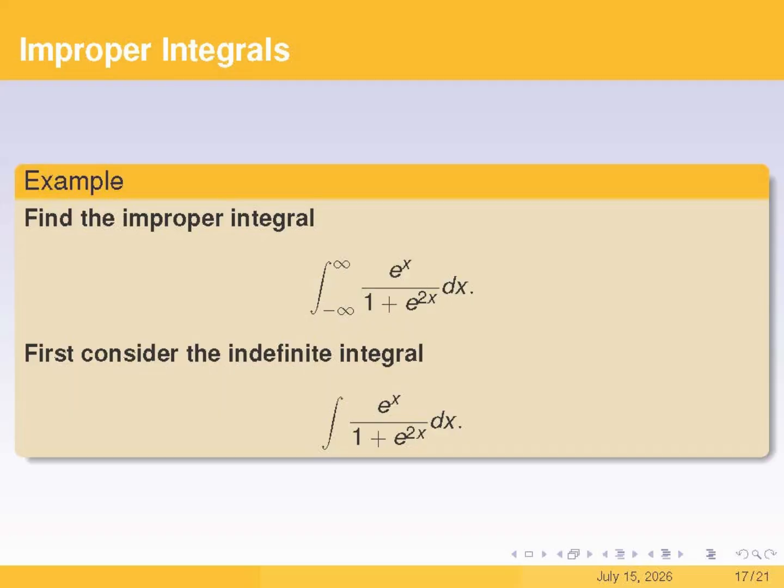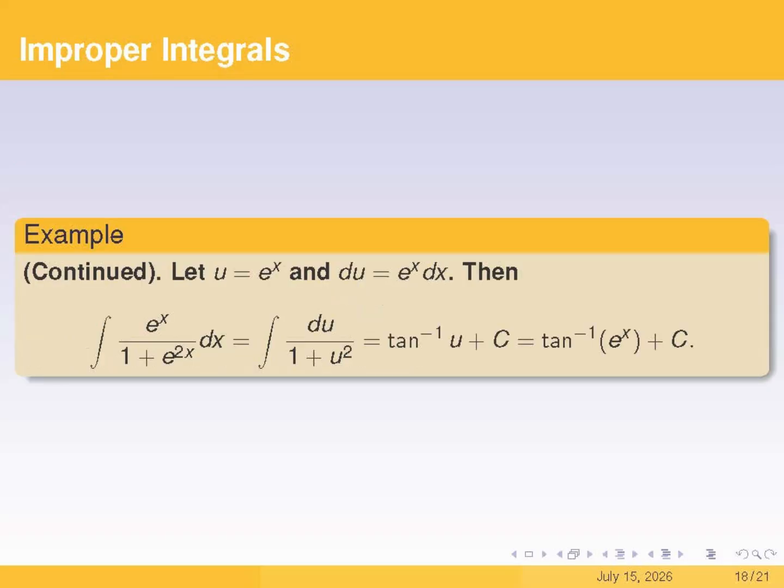In this example, we're going to calculate the improper integral shown in the second line on the screen. First, let's find its indefinite integral, which you can see in the very last line. Using u substitution, we can easily find the indefinite integral, just like the equation shown on the screen.